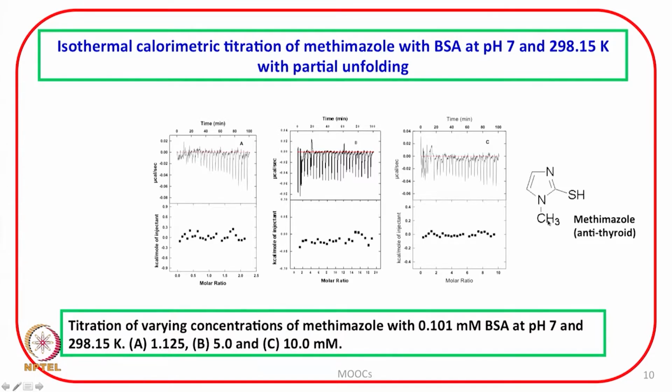So, what we have discussed in this lecture is that the data which is obtained from isothermal titration calorimetry with a variety of drug molecules, first of all, the shape itself will clearly give you an indication of the relative strength of binding.